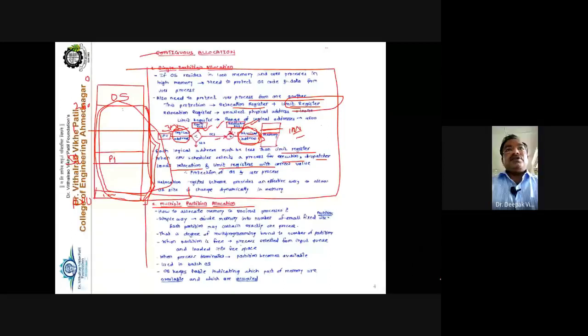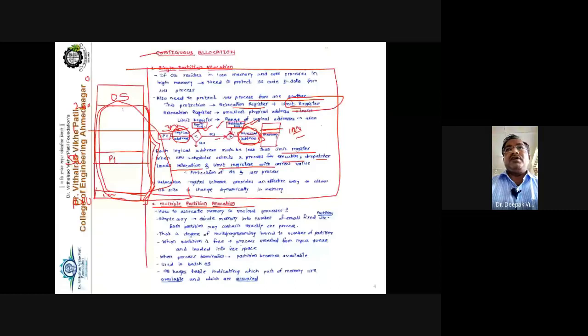Okay, so coming back to multiple partition allocation, here we can discuss how to allocate memory to various processes. Single partition allocation is possible if there are a limited number of processes. But say there are n processes, P1 up to Pn, available in the system.